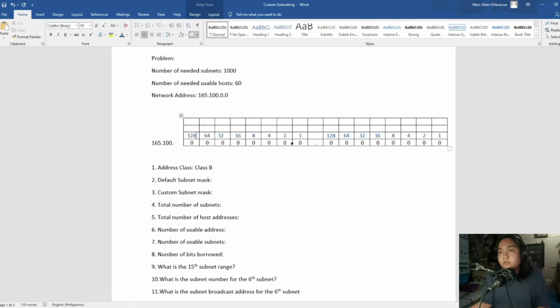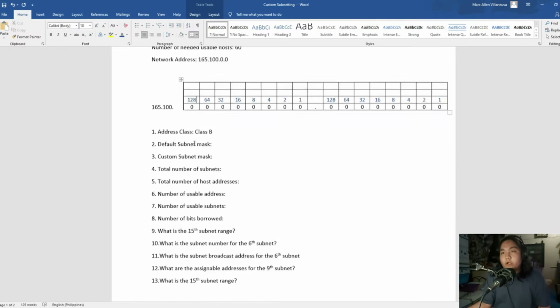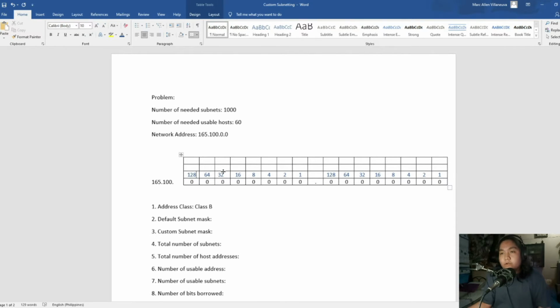If you're asking why we only have 8 bits and why we only stop at 128, it's simply because the limit of our IP address octet is only 255. When we add this all, we have a total of 255.